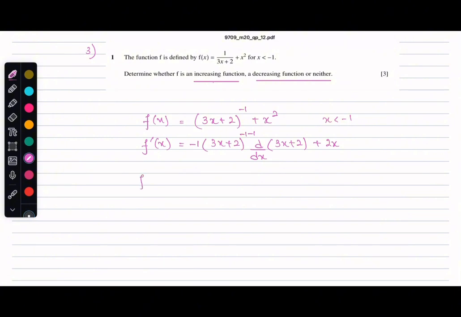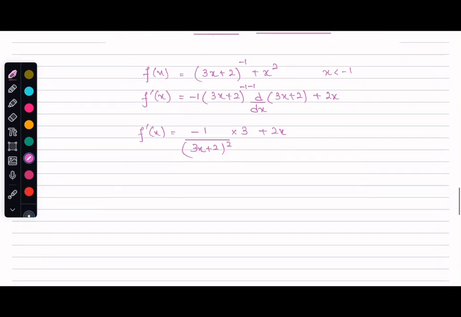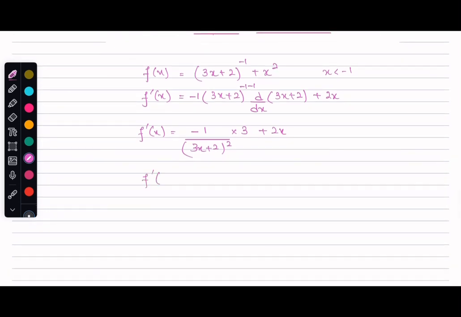So f prime x is equal to negative 3 divided by (3x plus 2) the whole square, plus 2x. This is the first differential of this question.